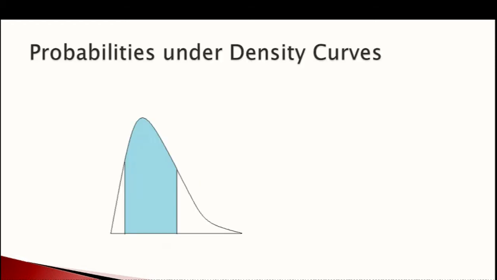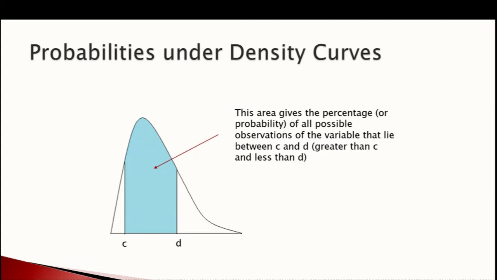So another example. So here my blue shaded area is in between two values, C and D. As you may have guessed, this blue shaded area gives the percentage or probability of all possible observations of the variable that lie between C and D. So it's greater than C because you see the area to the right of C, and it's less than D because the area is to the left of D. Pretty intuitive.